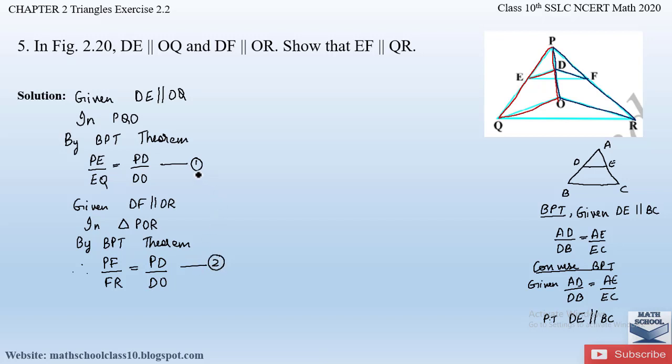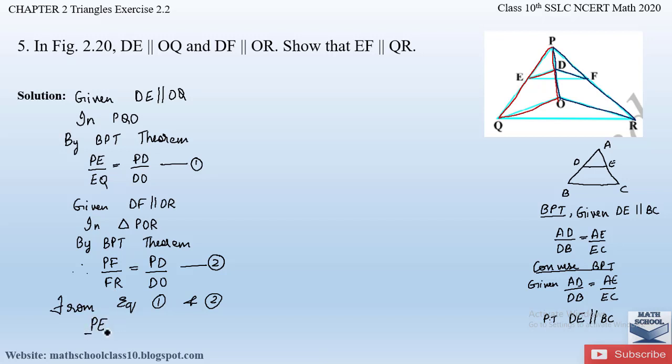Now if you observe equation number 1 and equation number 2, you can see the right hand sides of these two equations are equal. If the right hand sides are equal, then the left hand sides are also equal. So write down, from equations 1 and 2, we can say that PE by EQ is equal to PF by FR.